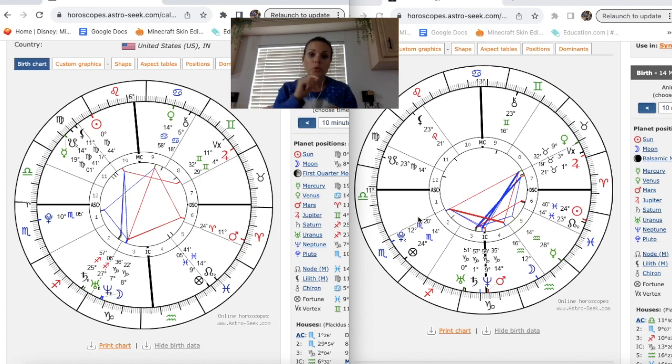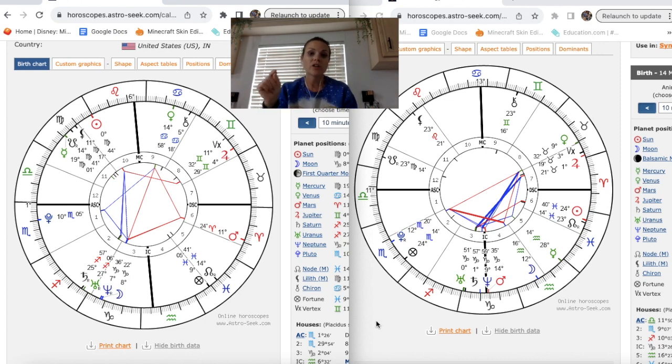The first one is going to be sun opposite the rising. So this person's sun is in Virgo. If the other person's rising was Pisces, they would go together very well. It would just be an easier relationship.